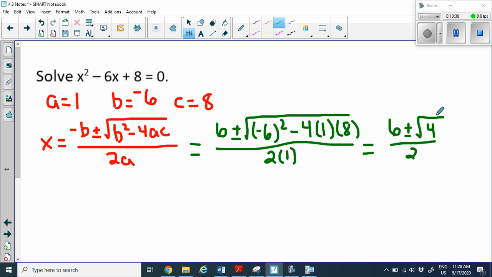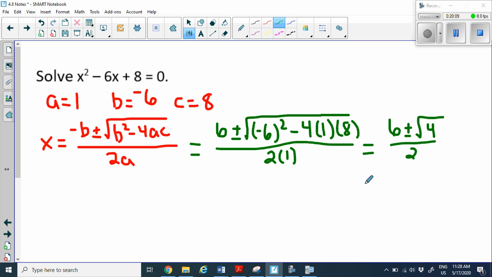Now we need to see if we can simplify our square root. So the number 4, this is where you have to think, is it a perfect square? It is. If you don't remember your perfect squares, this is what I would suggest. On the notes that you're writing, list out all the perfect squares from 1 to 250. Remember, we kind of already did this in the 4.5 notes. So if you wrote it out in your 4.5 notes, when we had to take the square root on both sides, get that out because we have that list, okay?